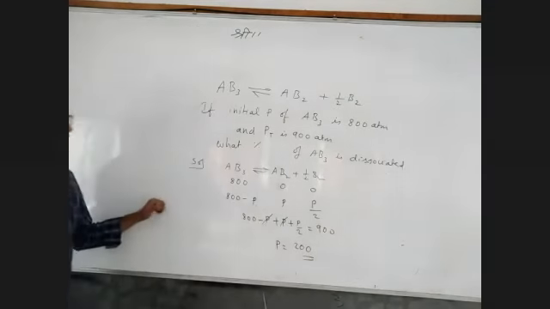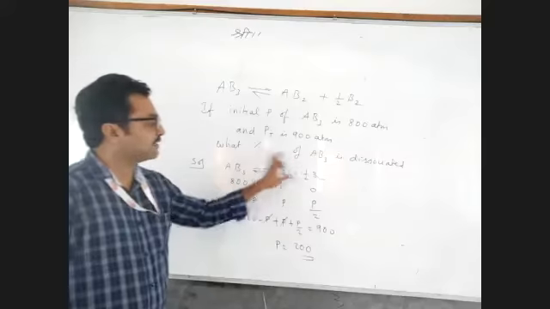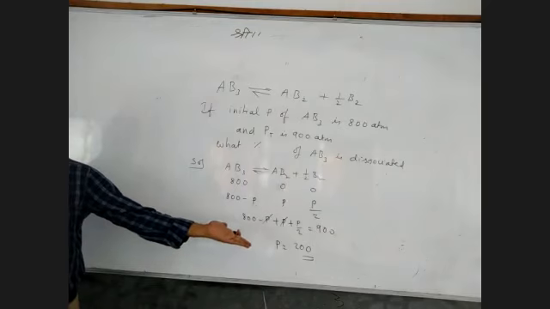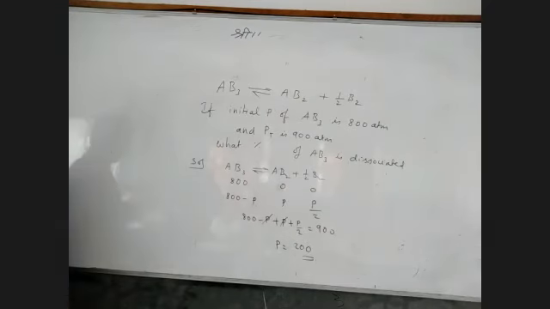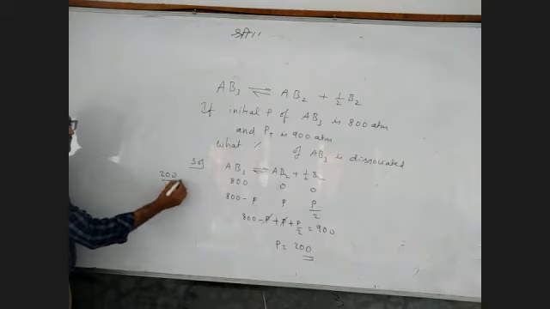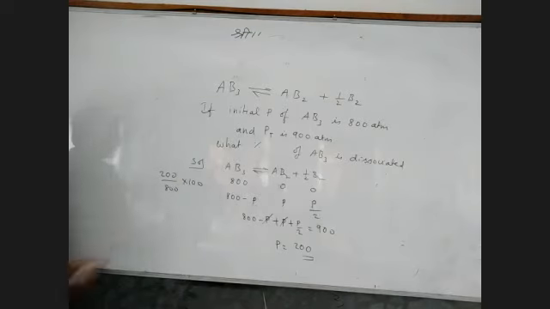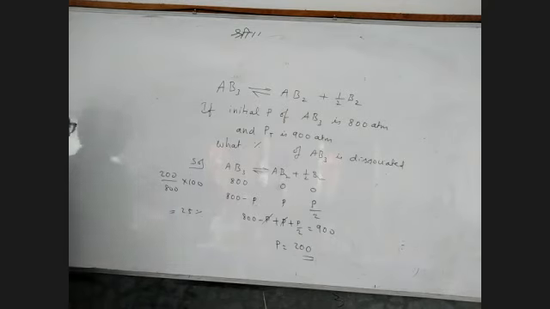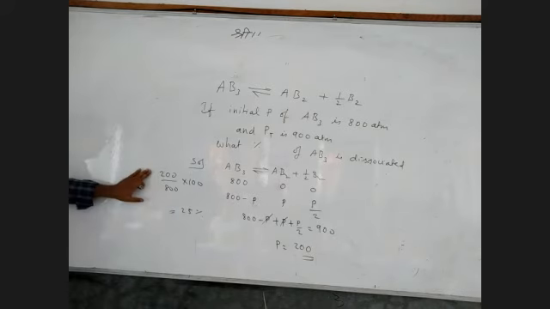What percentage of AB3 is dissociated? Initial 800, now 200 got dissociated. That is 200 by 800, into 100, which is 25 percent.